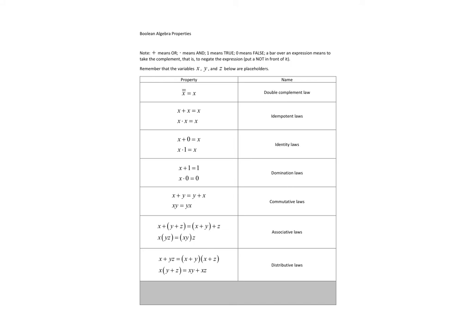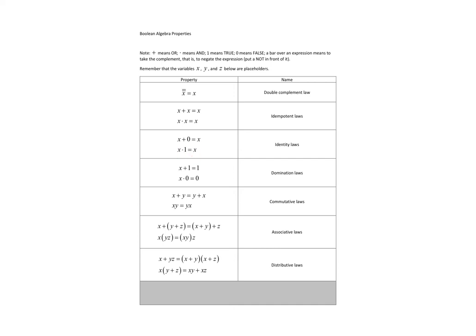These are some of the Boolean algebra properties, and we're going to focus on certain ones. Notice that some of these are very reminiscent of just regular algebra. For example, anything plus 0 is that thing. Anything times 1 is that thing. But remember, these are logic statements.